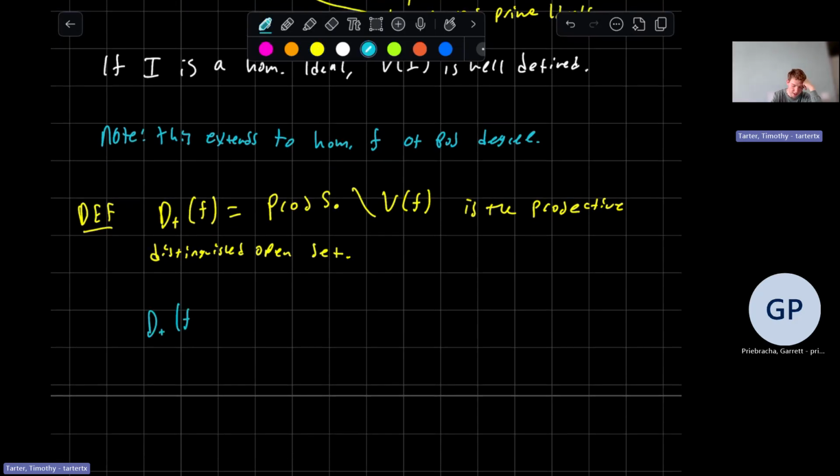So D plus F will refer to an open subscheme, not just a subset.